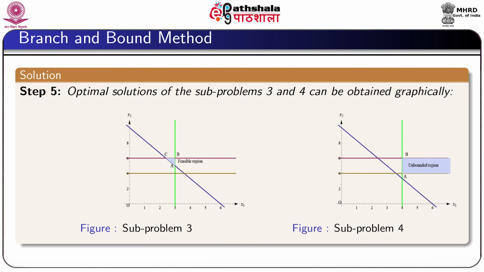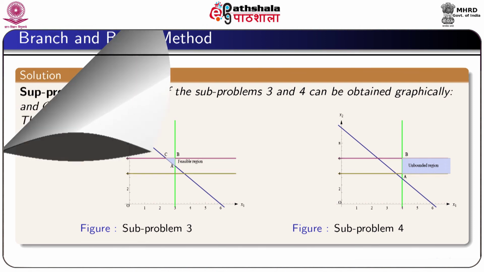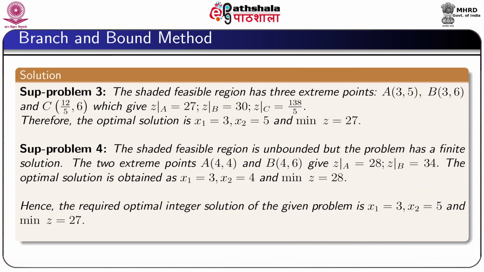So, we may get a finite bounded solution. So, for sub problem 3, we find the optimal solution as x1 equal to 3, x2 equal to 5, as this extreme point gives the minimum value of z, which is equal to 27.